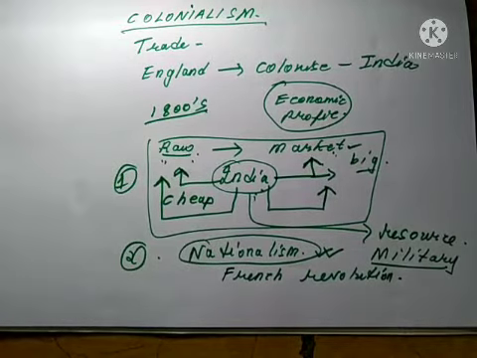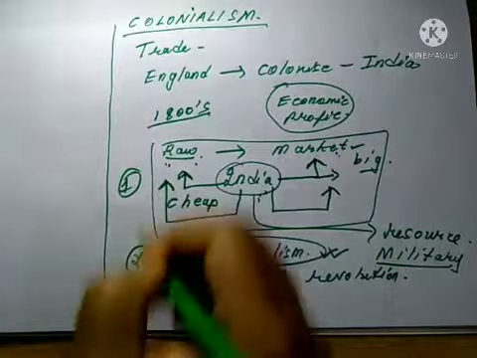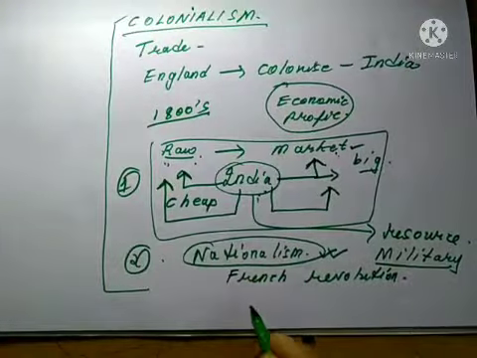So this increased their status as a world power. So England had a good status as a world power before our independence for their military power and their might. So this is the part of colonialism from page number 39.